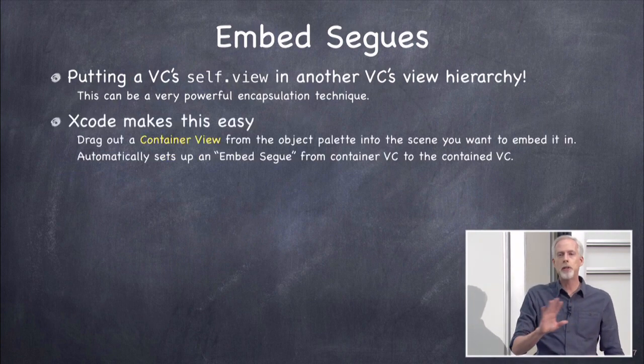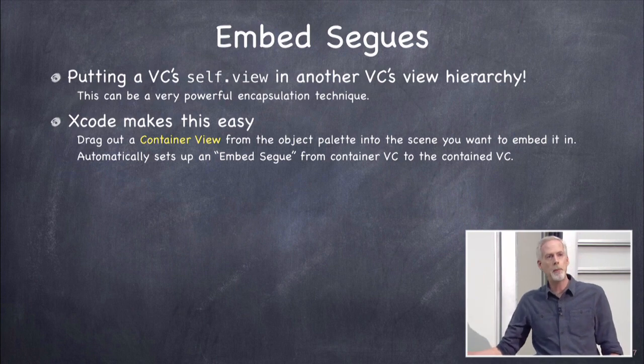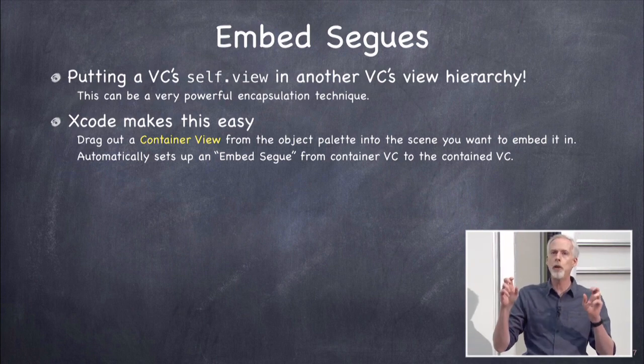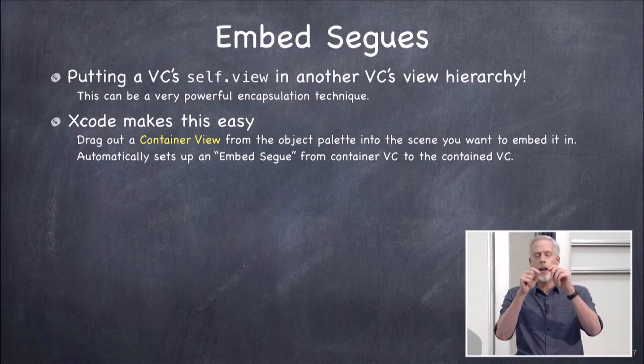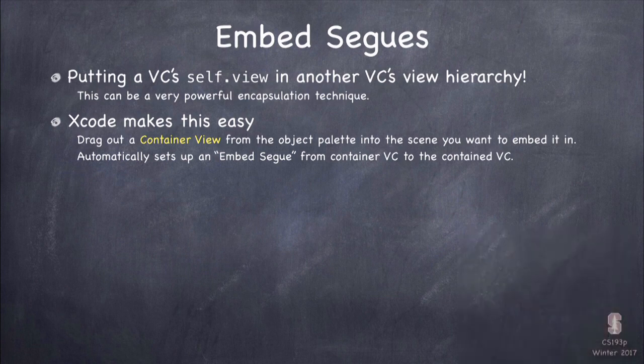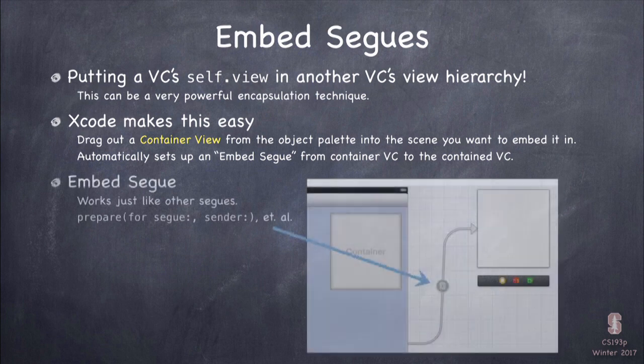And Xcode makes this super easy. You're just going to go down to your object palette and look for container view and drag that container view out. It looks just like a view. You're going to put auto layout on it, whatever you want, and its self.view is going to appear embedded in the view hierarchy of the thing you dragged it into. It's really quite a normal segue. It seems weird because you're embedding this thing, but it's a fairly normal segue.